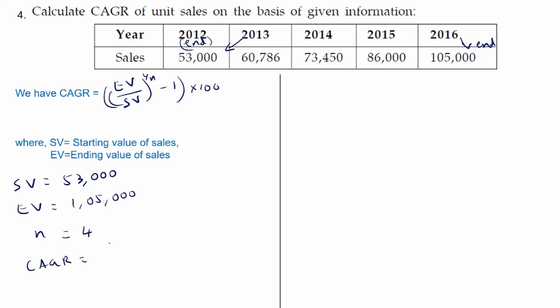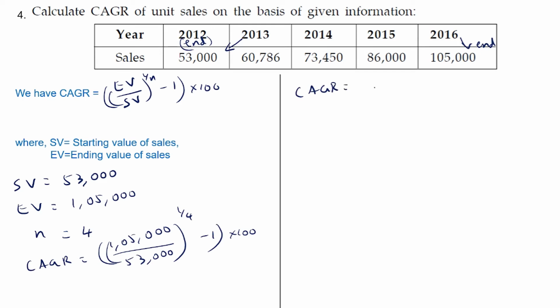So it is equal to (ending value 1,05,000 upon starting value 53,000) the whole raised to 1 by 4, minus 1, into 100. This is an example question which I have taken from the CBSE Handbook. Usually the value of the power 1 by 4 will be given in the question.